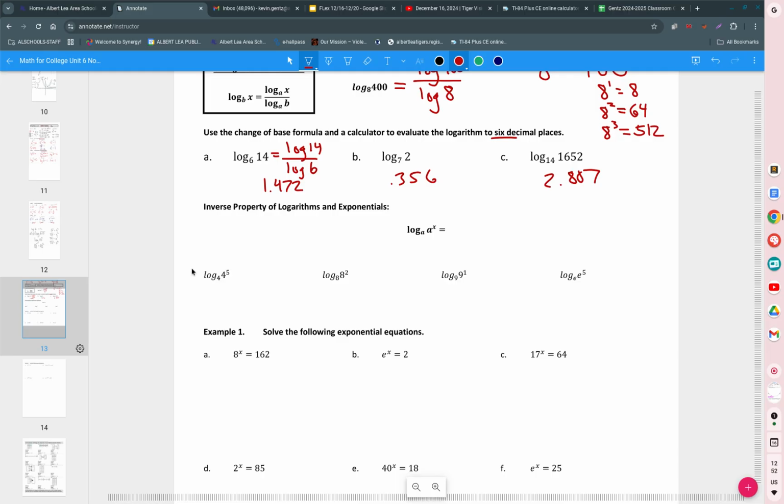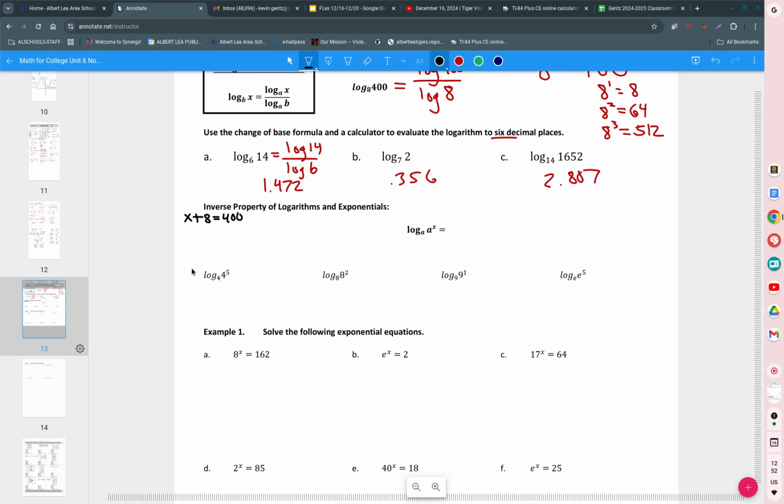Okay, so remember before we said that if you had x plus 8 is equal to 400, you would subtract 8 from both sides. Agreed? Yes.